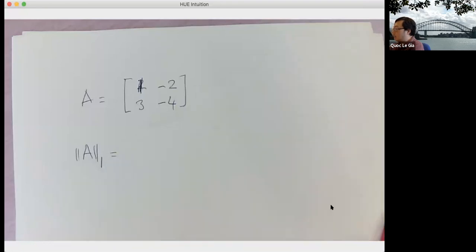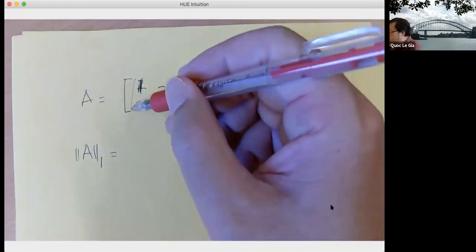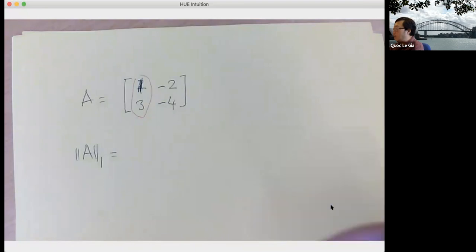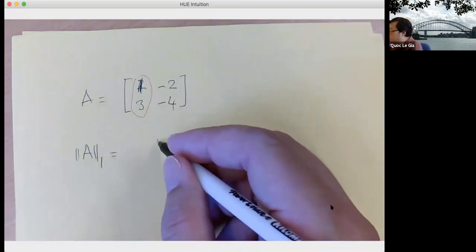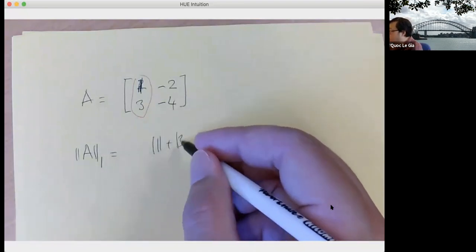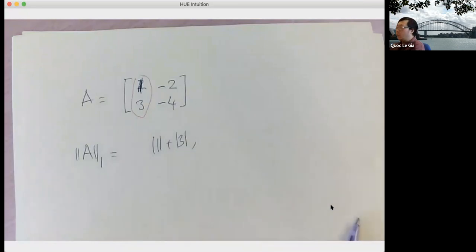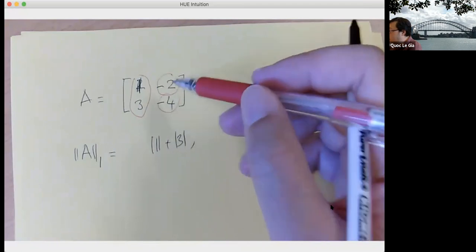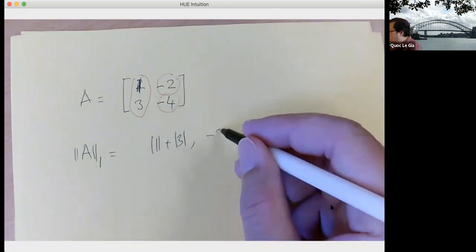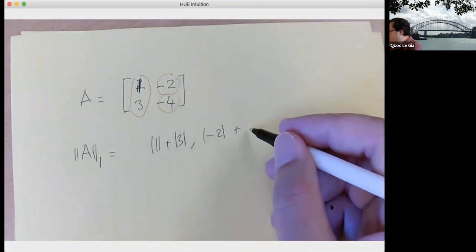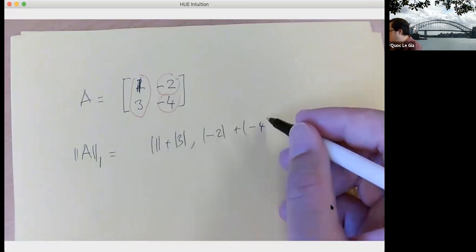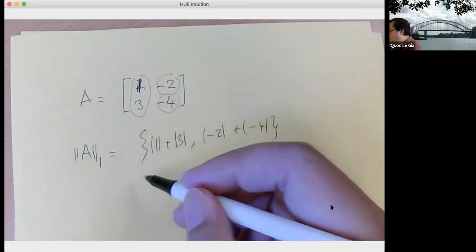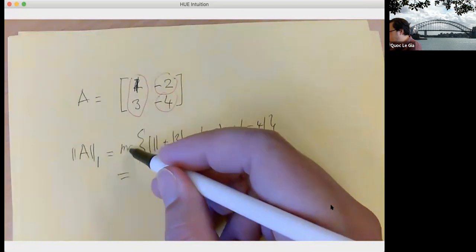I take the absolute value of the first column, so it will be 1 plus 3, and take the absolute value of the second column, so absolute value of 2, absolute value of 4, and then take the max.